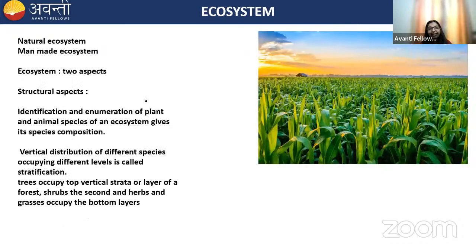Now, on the involvement of humans, there are two types of ecosystem: natural and man-made ecosystem. Another name for the man-made ecosystem is anthropogenic ecosystem. We know that the natural ecosystems are self-sustainable. That means they can regulate their system on their own.